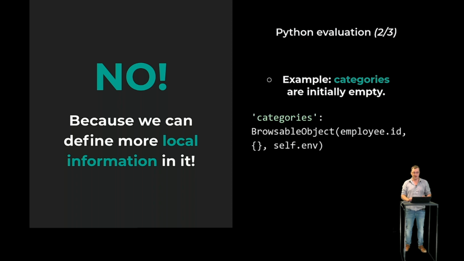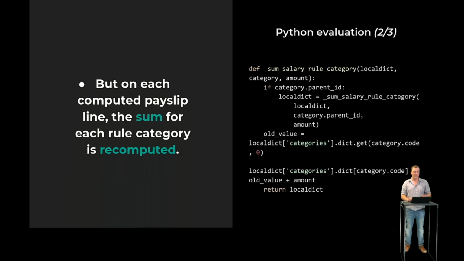The browsable object is initially an empty dictionary, as you can see on the definition. But on each computed payslip line, we will add this amount to the rule category total. So you know that when computing a rule, the element in the browsable object will correspond to the temporary total amounts for all the different category codes applied on the payslip.